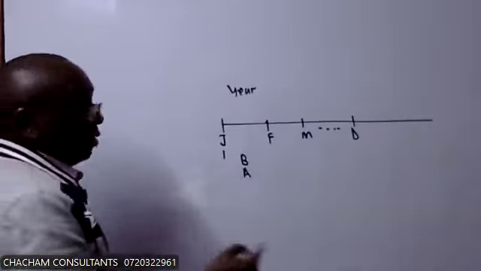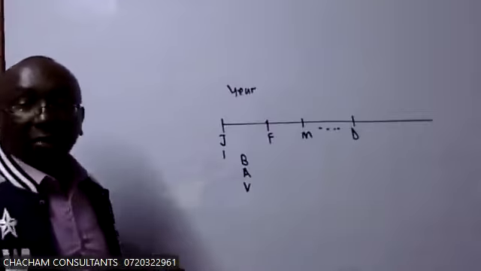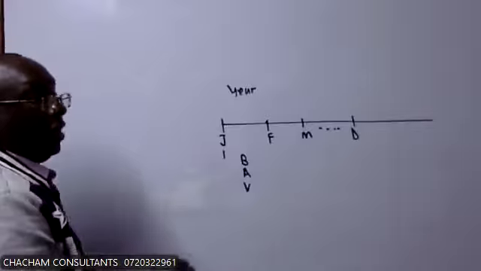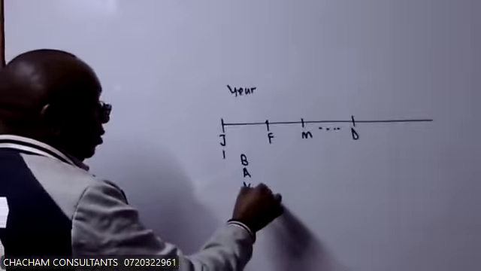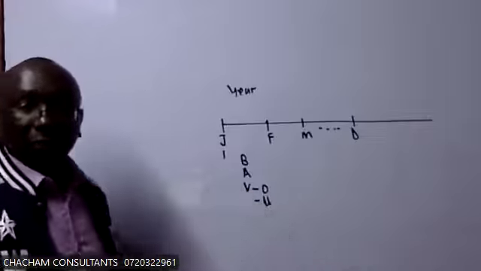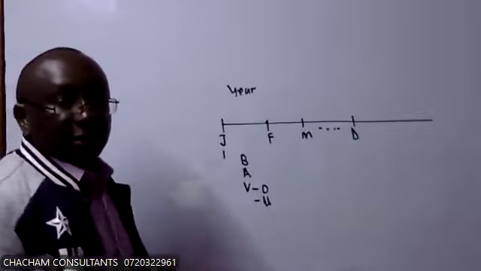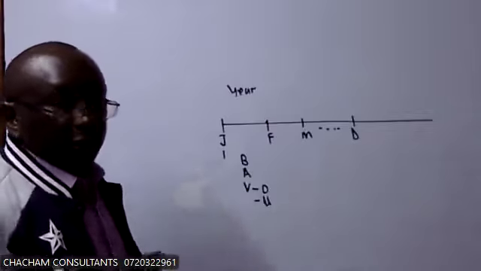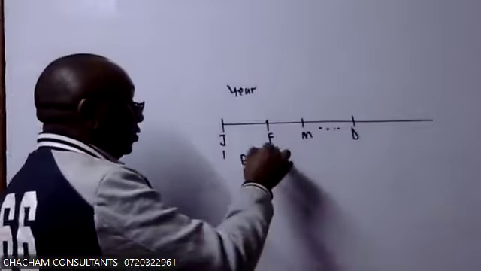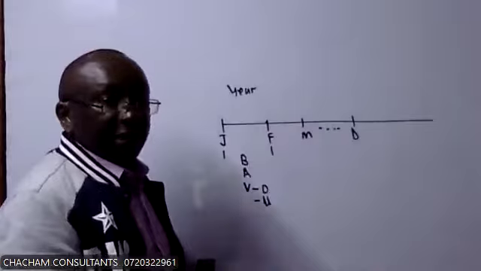And when you compare, this gives you the variance. Now, this variance will tell you whether you over-budgeted or you under-budgeted, either adverse or favorable. Whatever information you get, you readjust your figures so that on 1st of February, you are now running with adjusted figures.